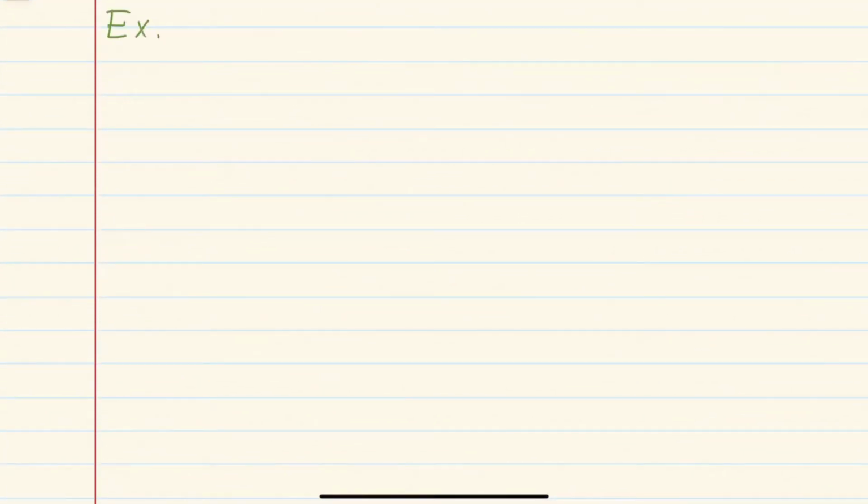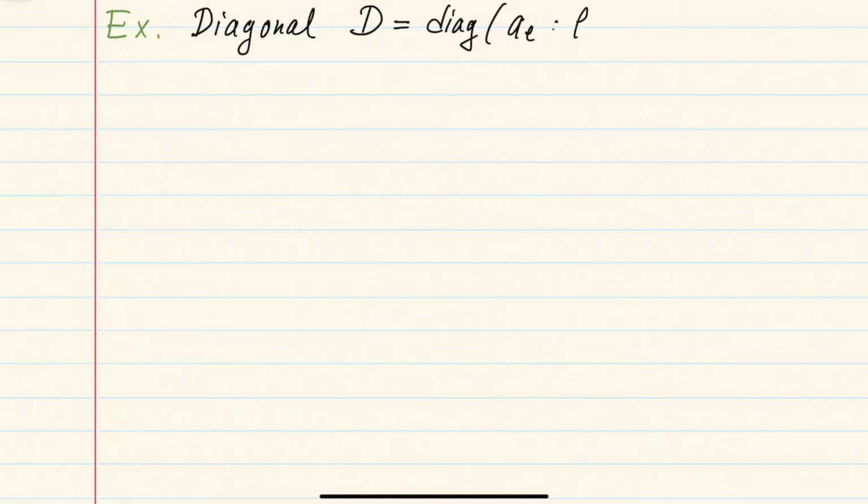So the first example will be really simple, when we consider a diagonal array. This will be a diagonal array with some random variables a_l on the diagonal and 0 everywhere else. Now, the fact that we want the array to be non-negative definite means that these random variables should be non-negative.